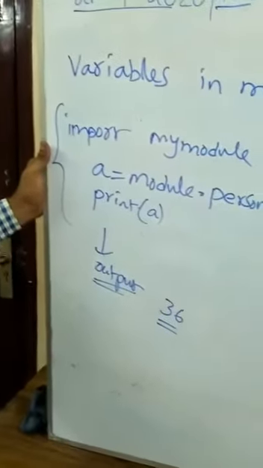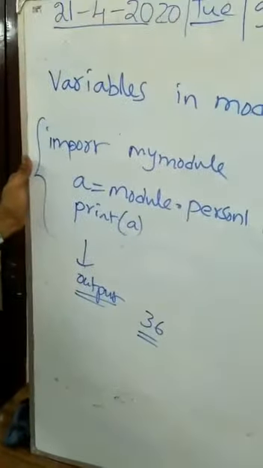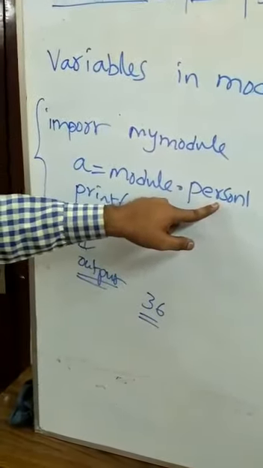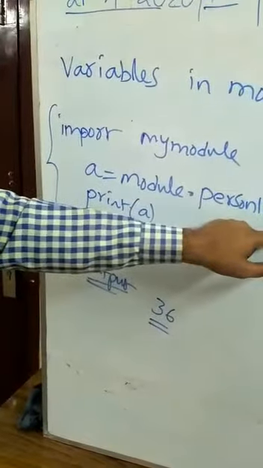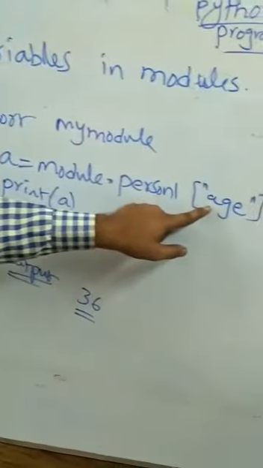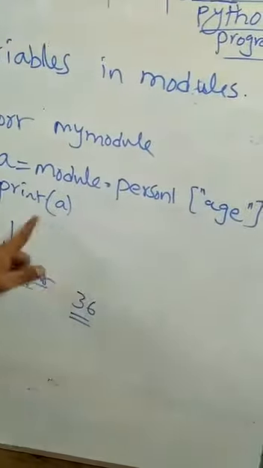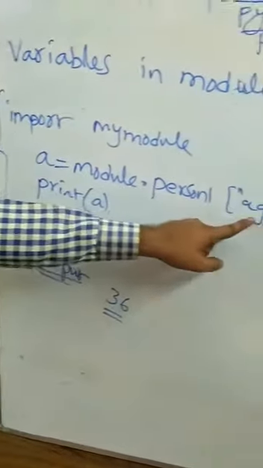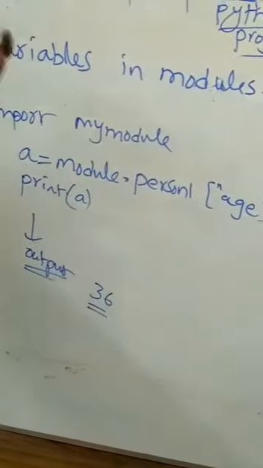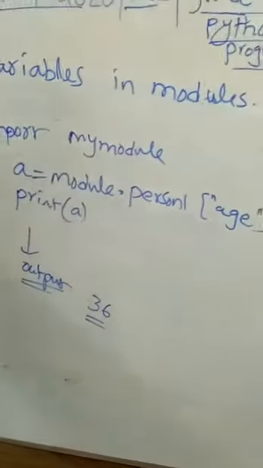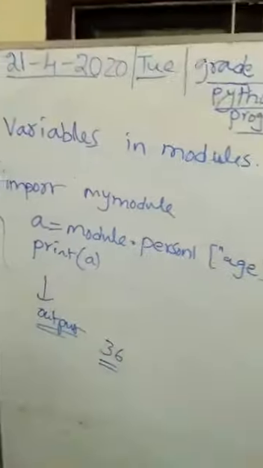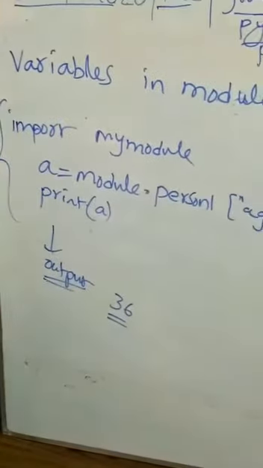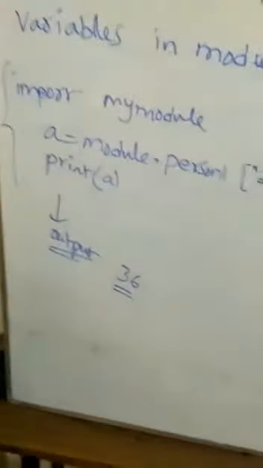Why does it display 36 here? In that above module, person1 example, age 36 is given, and that can be displayed here. So we are not entering age 36 here, we are importing the value of age from the module. So this type of reusability can be provided by using the modules concept.